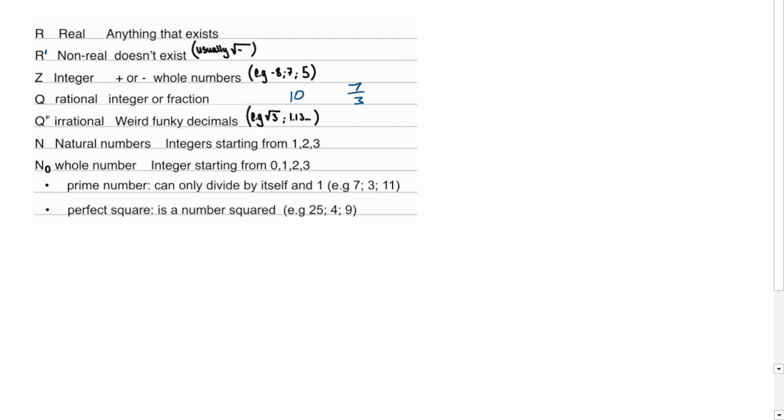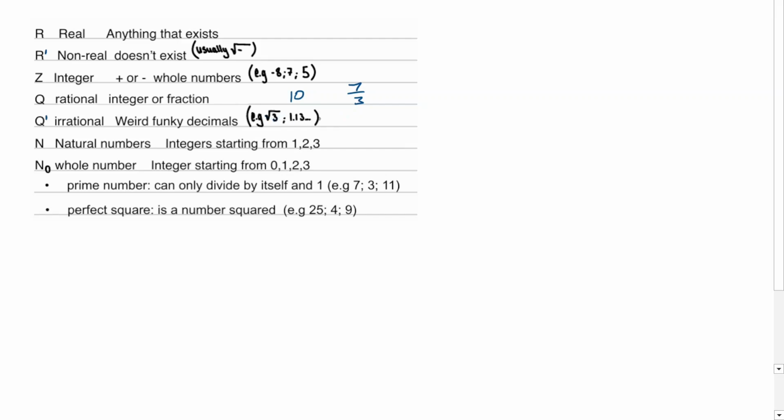Whereas irrational, the symbol is Q just with a dash. It means that the decimals just go all over the place. It's like if you're dealing with someone who's a bit irrational and you're trying to debate with them, their argument just goes all over the place. So is square root 3 rational or irrational?